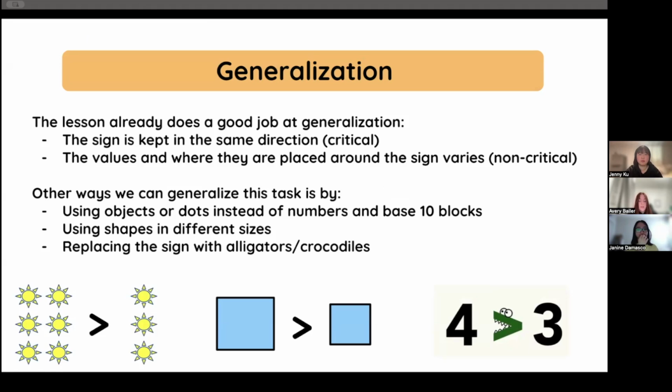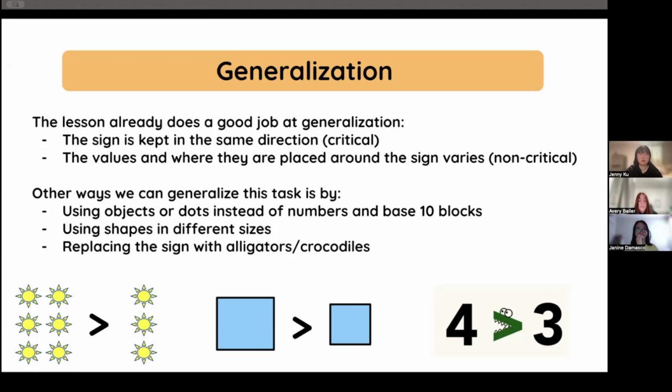Some other ideas for generalization that we could incorporate into our supplementary tasks is using objects or dots instead of numbers and base 10 blocks, using shapes in different sizes, and replacing the sign with a crocodile, emphasizing that the crocodile eats the greater number. And you can see all of these examples in our slides.